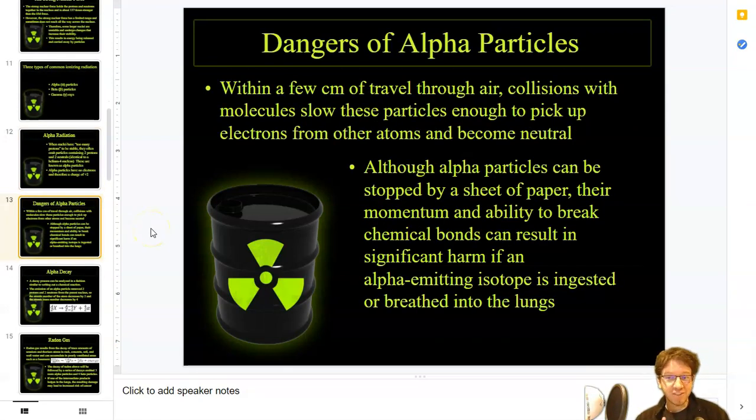Okay, alpha particles aren't too dangerous. They can travel a few centimeters through air. Right? They cannot penetrate your skin. Right? And you have alpha particles in your house, if you have a fire detector. I'm assuming everyone has a fire detector because it's law for you to have one, and I'm assuming it's working because it's law for you to have it working as well.